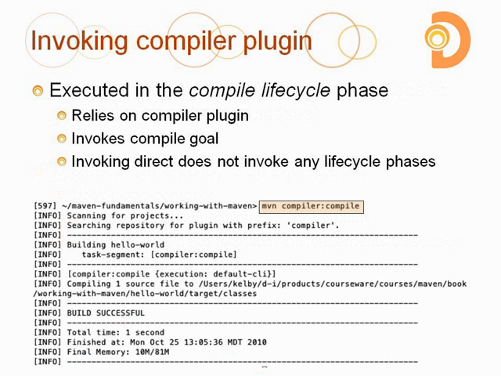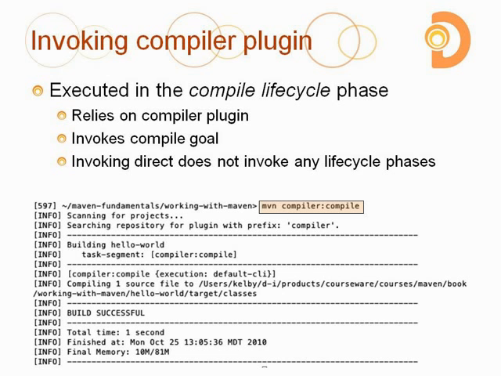If I wanted to invoke the compiler directly, you can see I can just use the compiler plugin along with the compile goal, and that will function as if I am invoking the compile lifecycle phase. The thing to recognize is that it functions as if I am invoking the lifecycle phase, but it's not actually invoking the lifecycle phase.